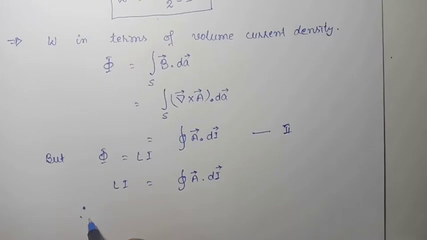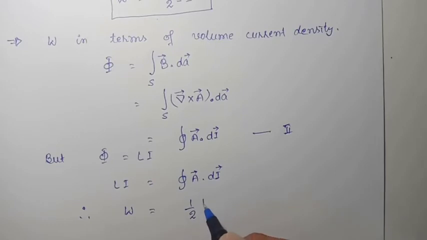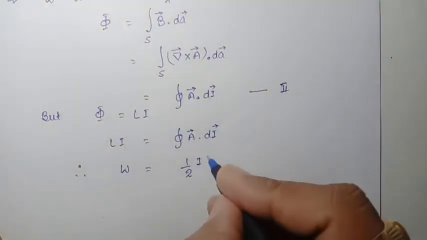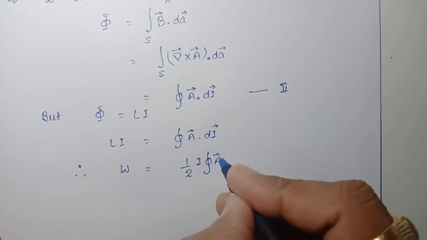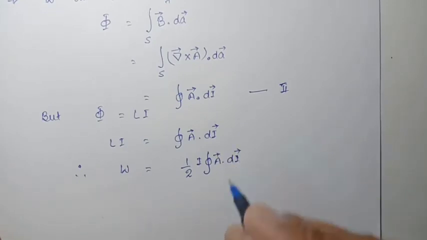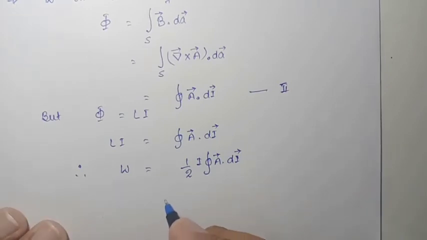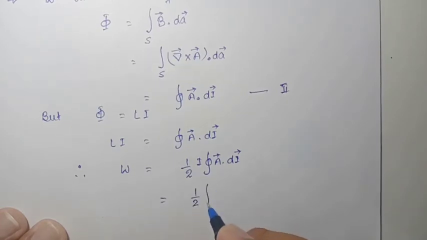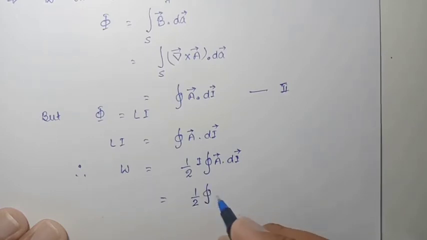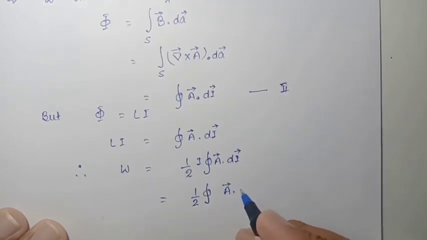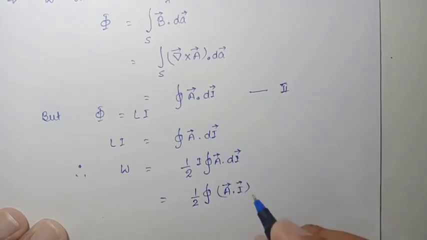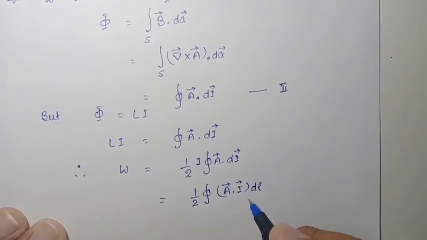Then we can write W is equal to 1 over 2 I times the integral of A dl, or 1 by 2 A I dl.